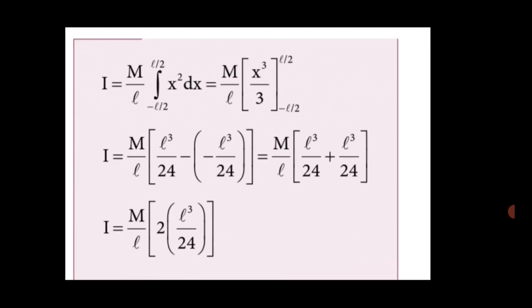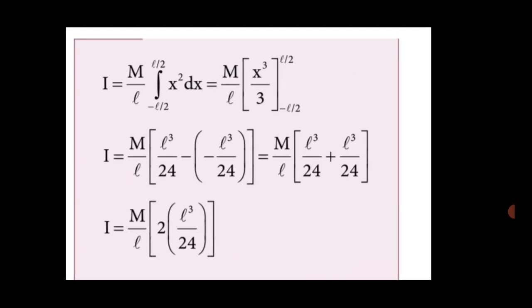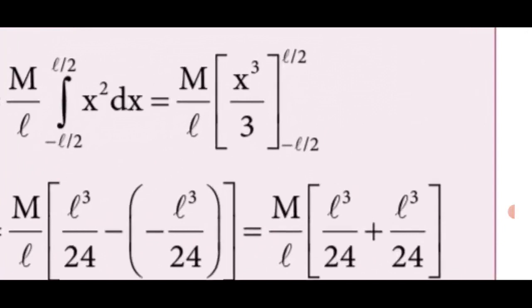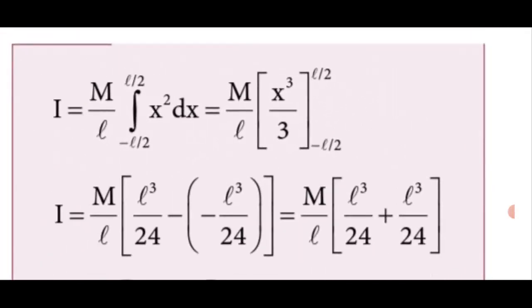After the integration, we know the integral of x power n dx is x power n plus 1 by n plus 1. Here n is 2. So we get M by L into x cube. How do we get x cube? That is the formula: the integral of x to the power n is x to the power n plus 1 by n plus 1.